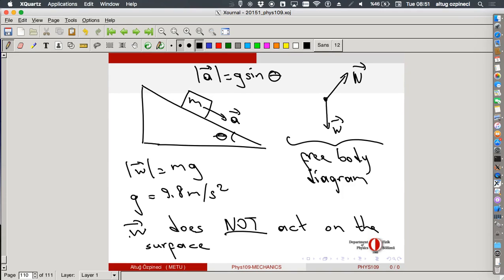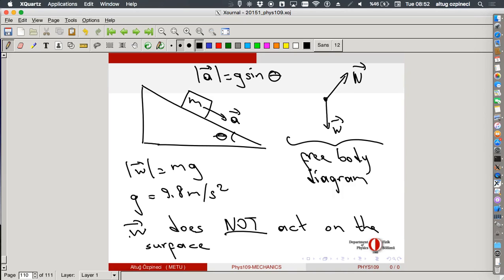But the observation kind of contradicts that. You see now theta is non-zero, but nevertheless there is no acceleration. Still no acceleration. But Newton's law tells me that if there is a net force, there should be an acceleration.